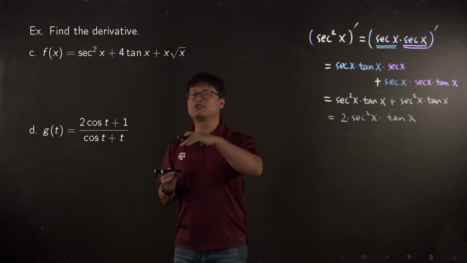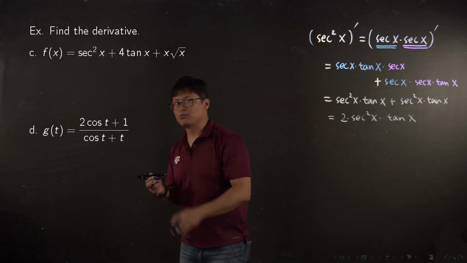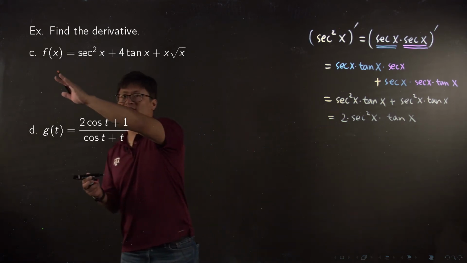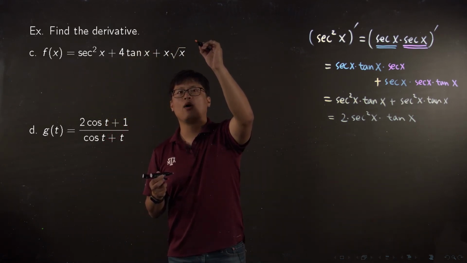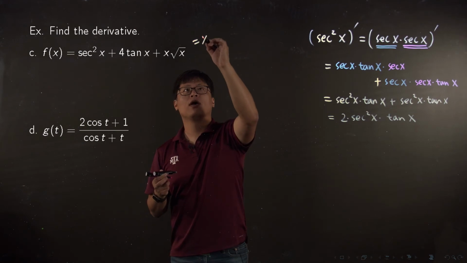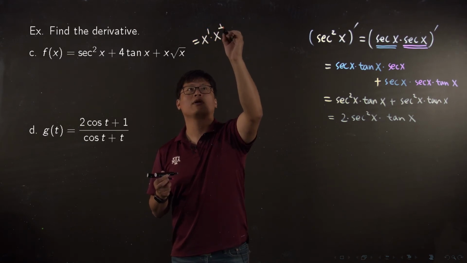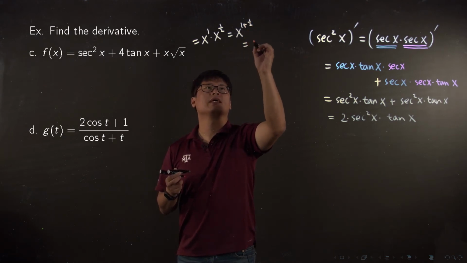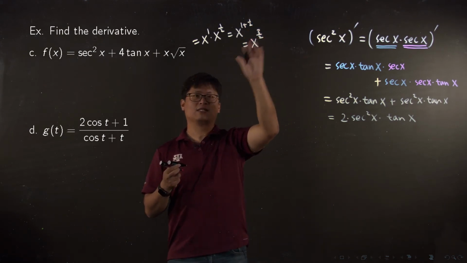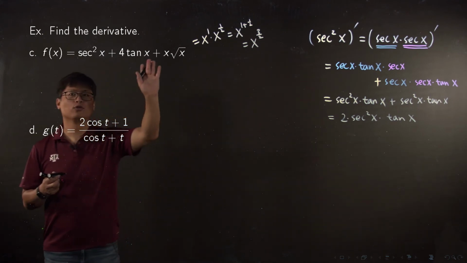So now, let me apply this to this problem. Before finding f prime, let me write x times square root of x in power form. It is equal to x to the 1 times x to the 1 half, which is x to the 1 plus 1 half. So we can say it is x to the 3 half. That's much easier, so we are not going to do the product rule for that one.